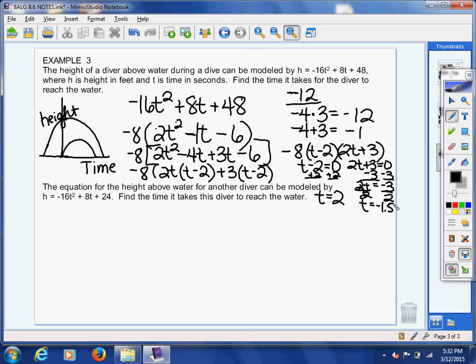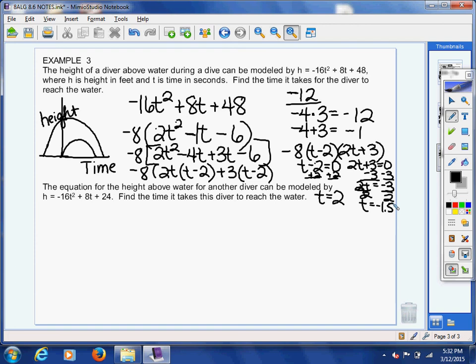Now remember what I told you, first of all, there's no such thing as negative time. In this particular context, it's probably when the diver was climbing up the ladder to get to the diving board or the diving platform so that she could actually execute her dive. So it's the time before we actually started the timer at 0.